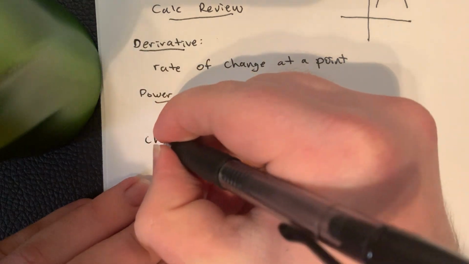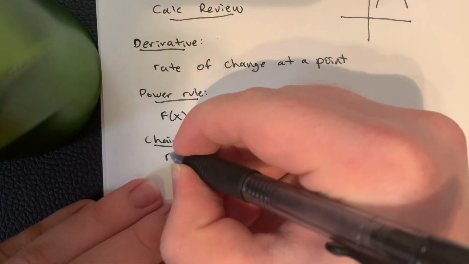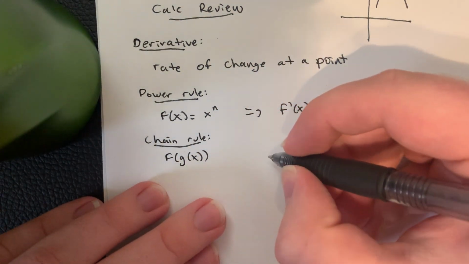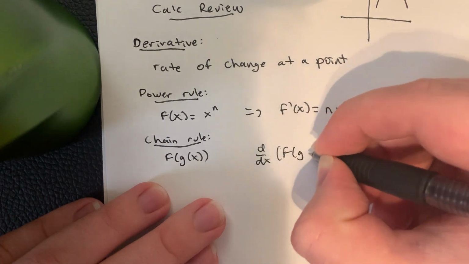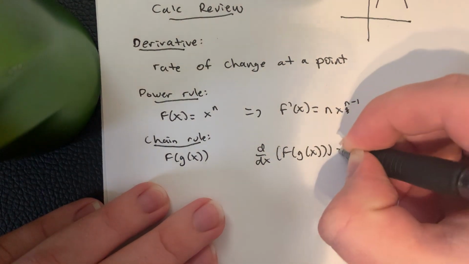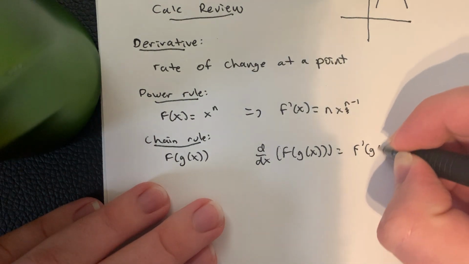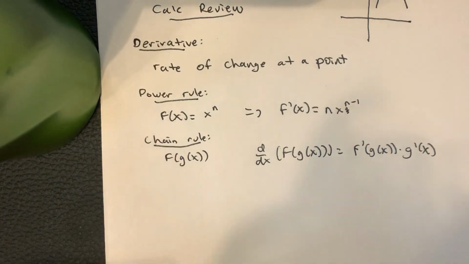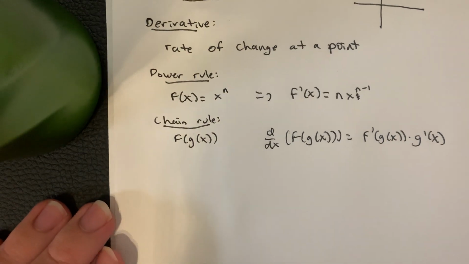Then we have the chain rule, where if we have a composite function, f of g of x, the derivative of that function is going to be f prime of g of x times g prime of x. Those are really the only important rules for this class.